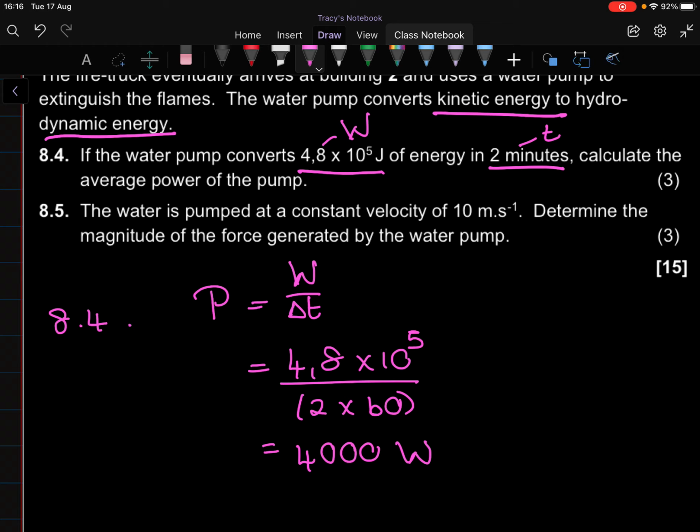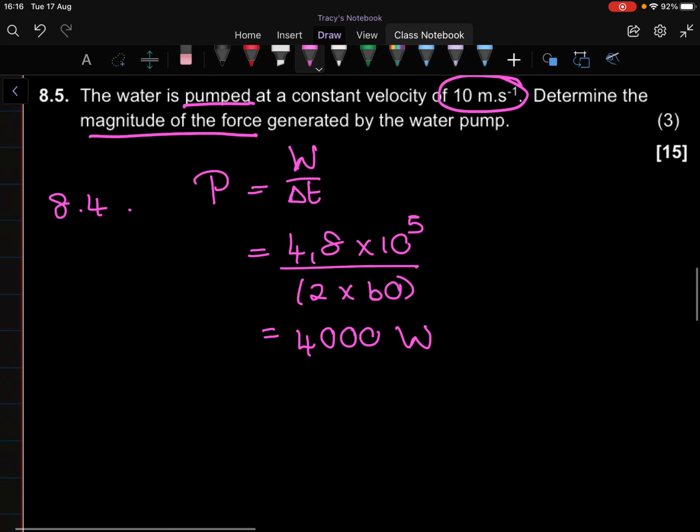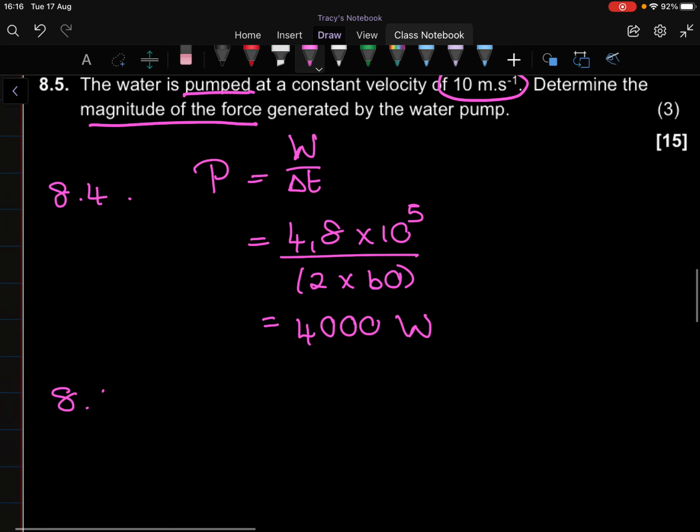Then they say the water is pumped at a constant velocity of 10. Determine the magnitude of the force generated by the water pump. Well, I know the power of the water pump. I now know the constant velocity the water goes at. That means I can use the fact that average power is force times average velocity. 4,000 watts.